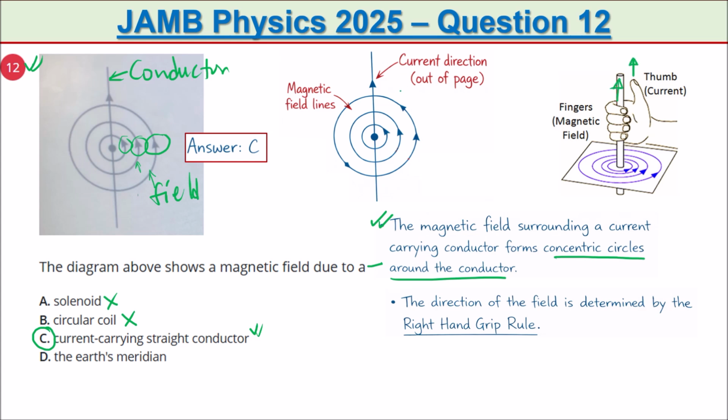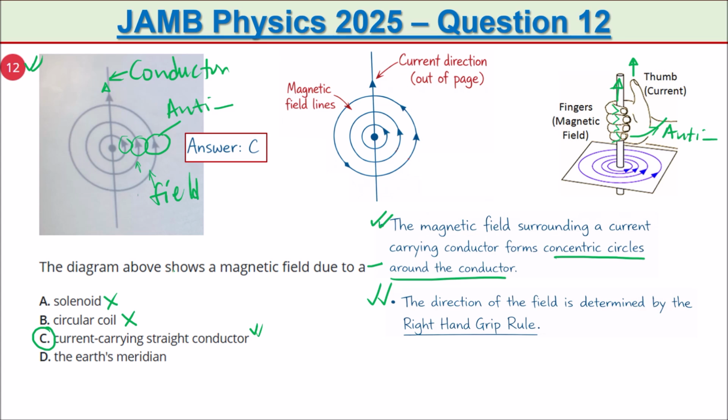Our current is going up. If we look at the given wire, current is going upward. Also the thumb is pointing upwards. Then the four fingers will curl in the direction of the field. So our four fingers are curling anti-clockwise. Similarly, this is anti-clockwise. So we can safely say bullet point number 2, they are in agreement. Hence, it's likely the current carrying straight conductor is the one given in this paper.